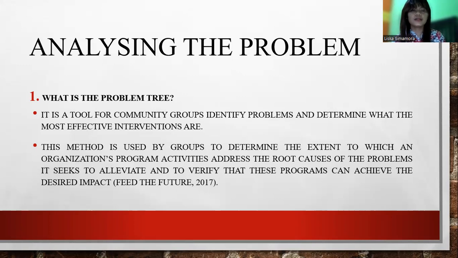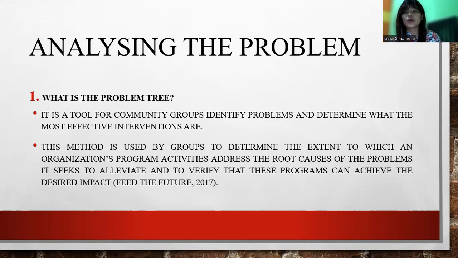And the second one, according to Feed the Future 2070, the problem tree approach is used by groups to determine the extent to which an organization's program activities address the root causes of the problems. It seeks to alleviate and to verify that these programs can achieve the desired impact. So this display can also determine the extent to which the organization's program activities address the root.